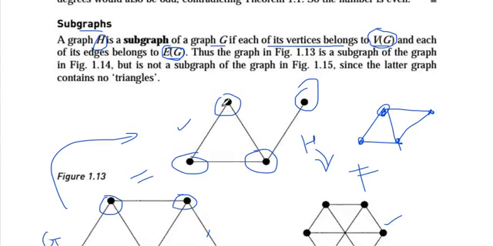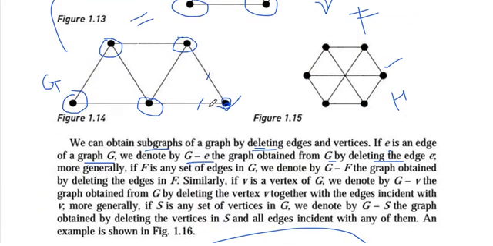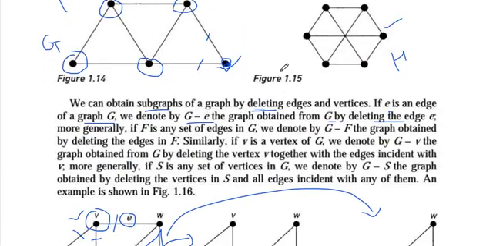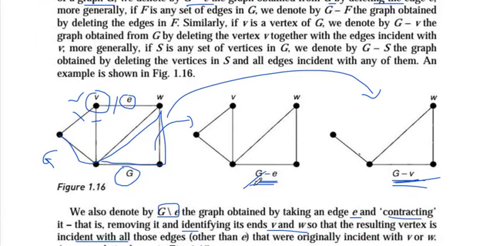Then subgraph. Subgraph means a smaller graph. If the vertices and edges of one graph are contained in another graph, then it's called a subgraph of that graph. You can also make a subgraph from the graph by deleting any edges or any vertex. If you delete an edge, it's called G minus e. It is also a subgraph.